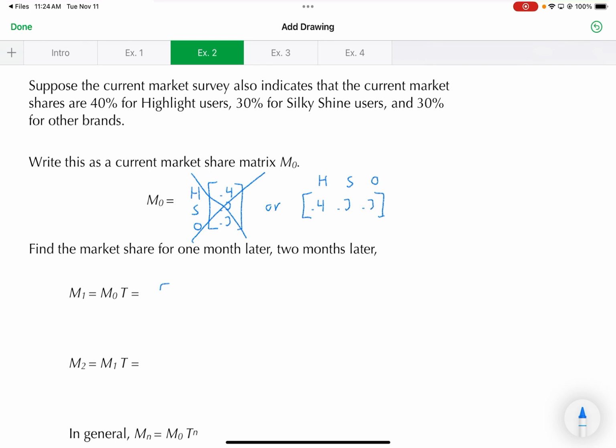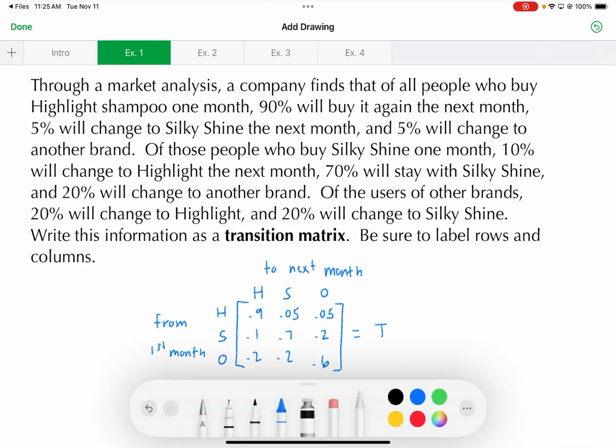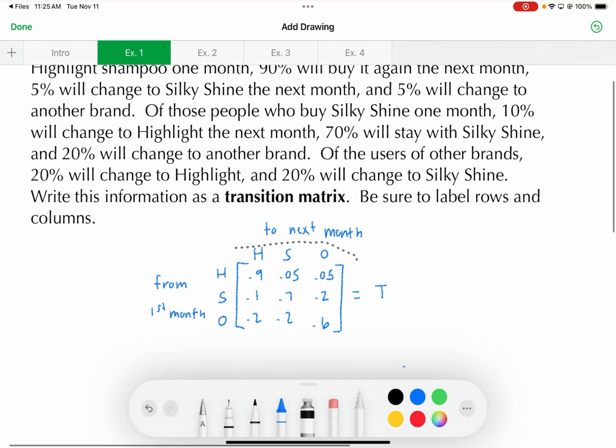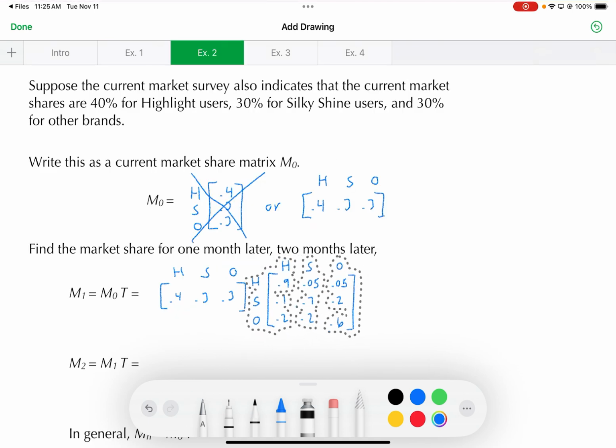So we'll go 0.4, 0.3, 0.3, H, S, and O. That's going to get multiplied by, let's come back here. I'm just going to copy this.